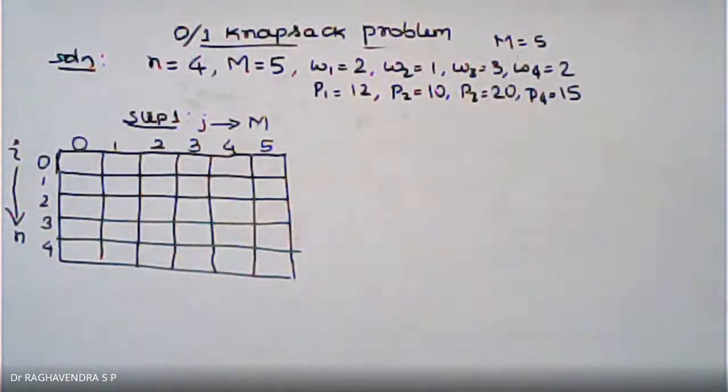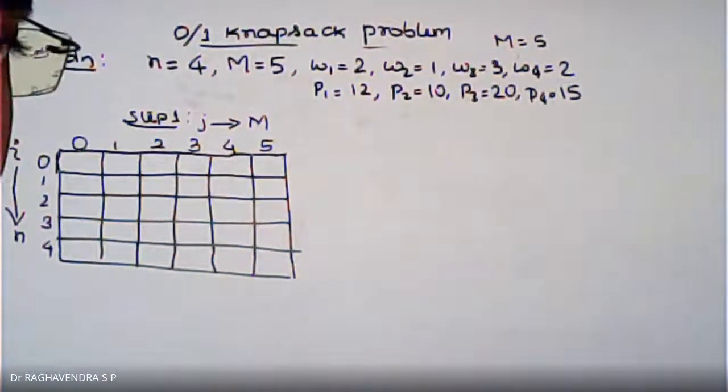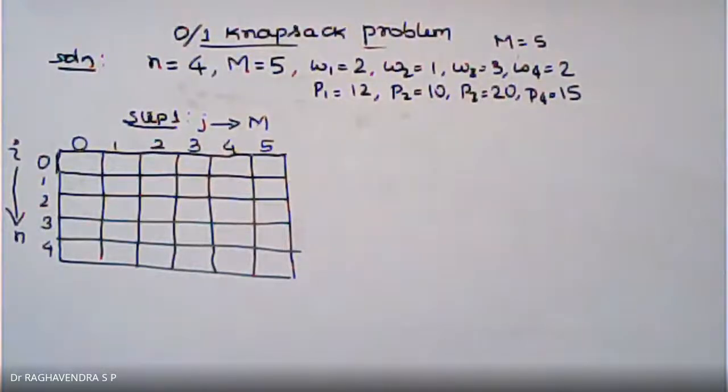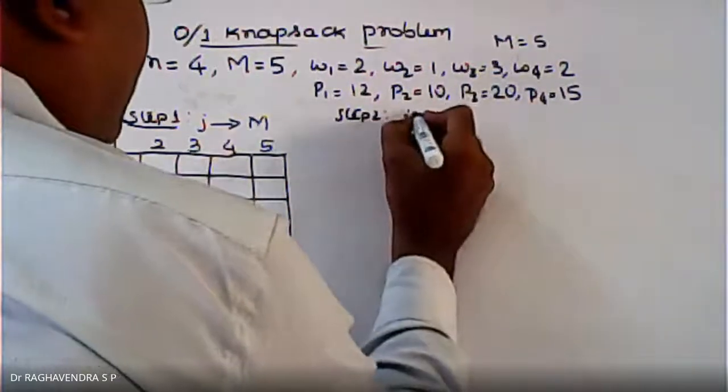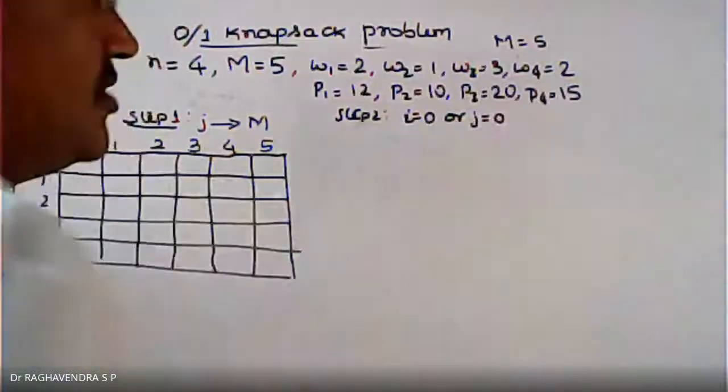Write step 2. In this bottom up approach, we start from the initial solution with I is equals to 0 or J is equals to 0.